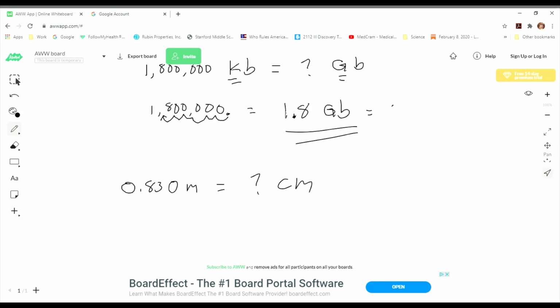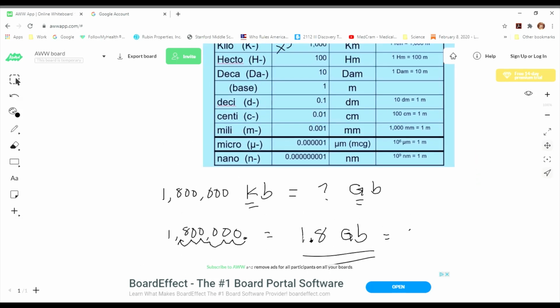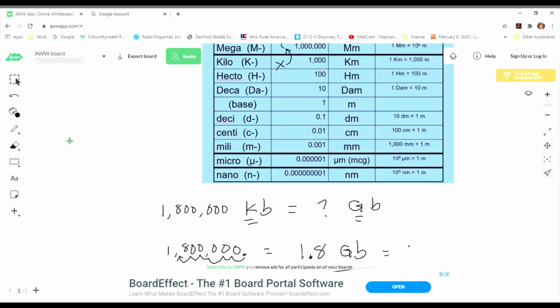So again, you're starting off with meters, and meters has no prefix, so it's going to be right here. It's your base unit. And you're going down to centi, which is right here. So in order to do that, you're going to go down 2 rows.